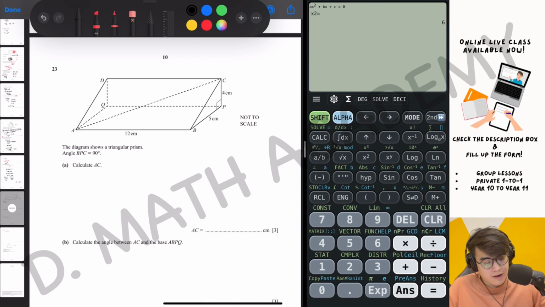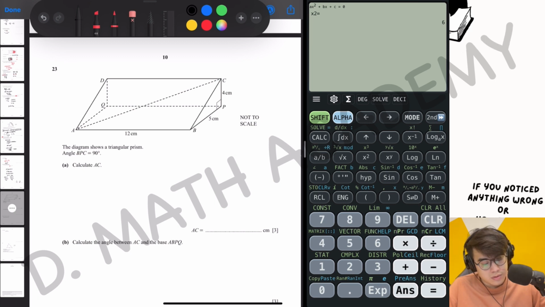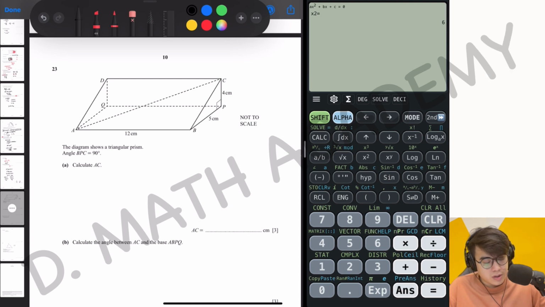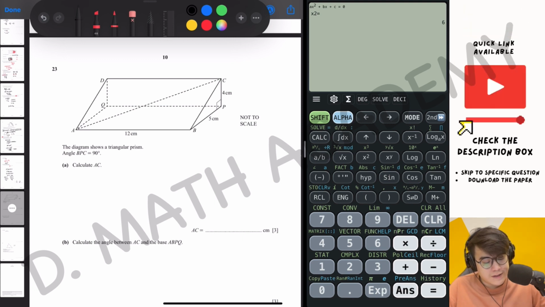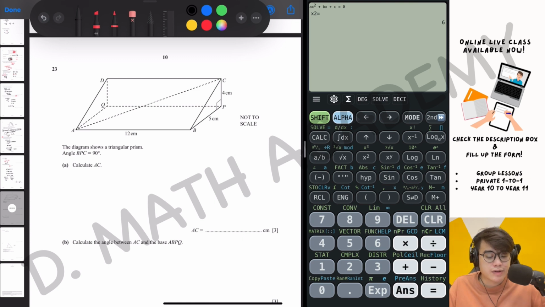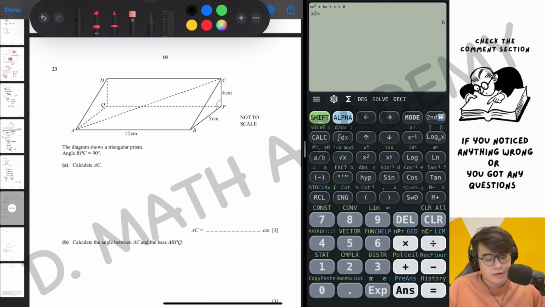Moving on, we have question 23 now. Calculate AC. AC is the slant or the diagonal of the top part of this triangular prism here.